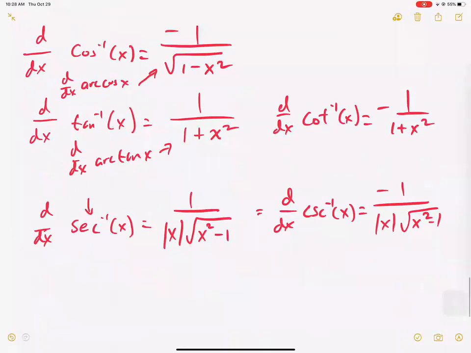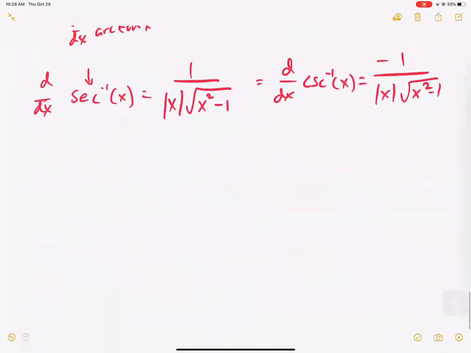Let me do one problem for you. If I give you d over dx of, let's do sine inverse of 3x. Go ahead and look at your identity, and you could call this your new x.